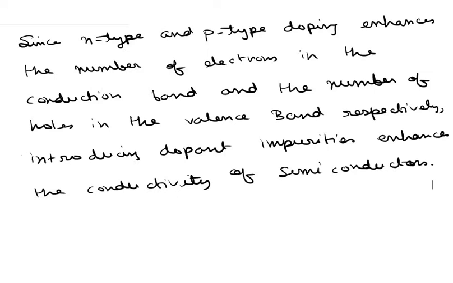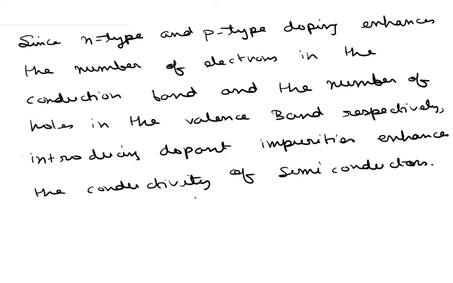If we introduce n-type impurities in semiconductors, the number of electrons in the conduction band is going to increase, and that increases the conductivity. Similarly, if we introduce p-type doping, the number of holes in the valence band is going to increase, and that again contributes to enhancing the conductivity.